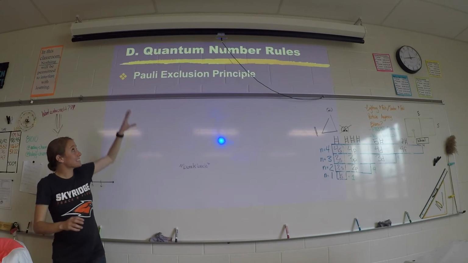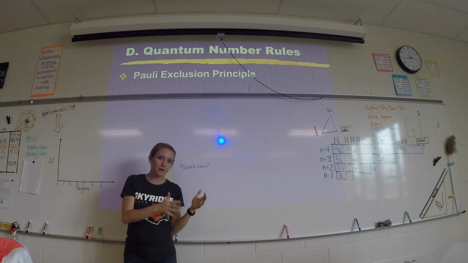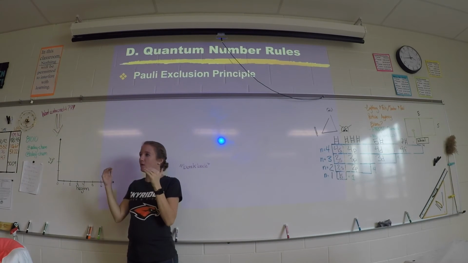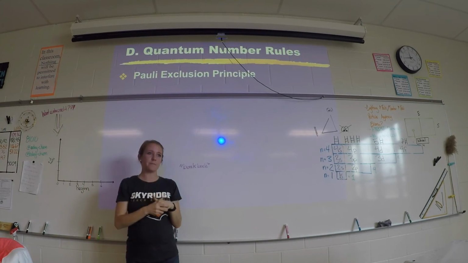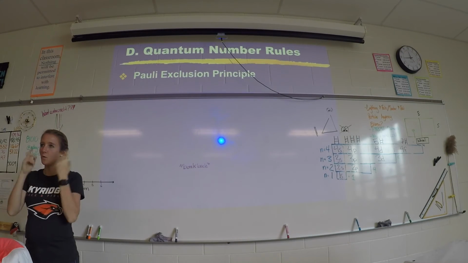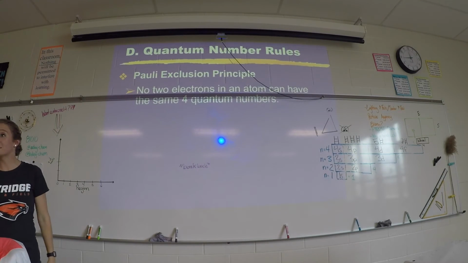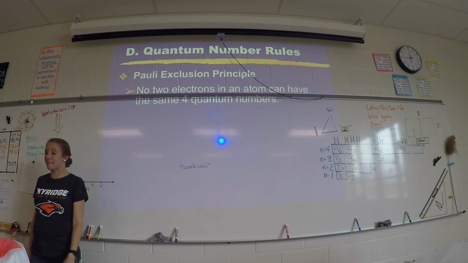Okay, so then the next thing we're going to transition into is understanding that there are rules that our hotel follows in order when it fills itself up. The first main rule that the atom uses is known as the Pauli exclusion principle, which tells us that no 2 electrons in an atom can have the same 4 quantum numbers.